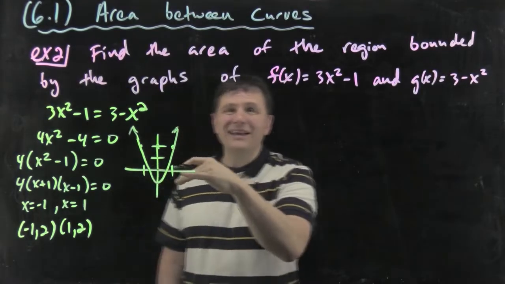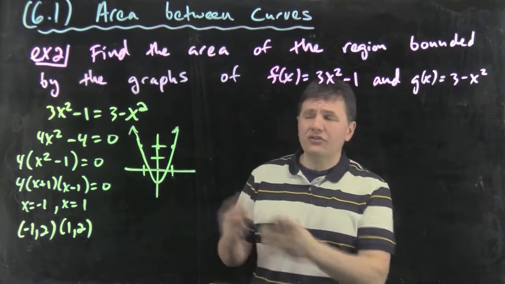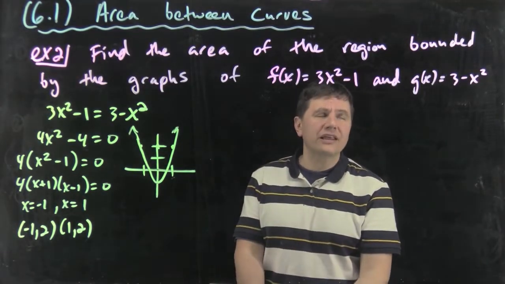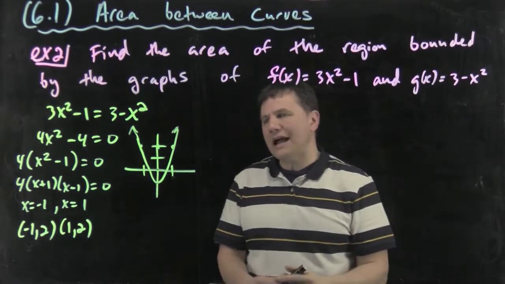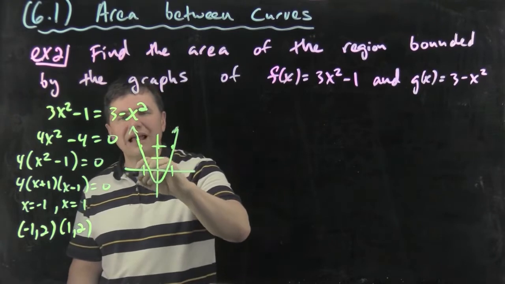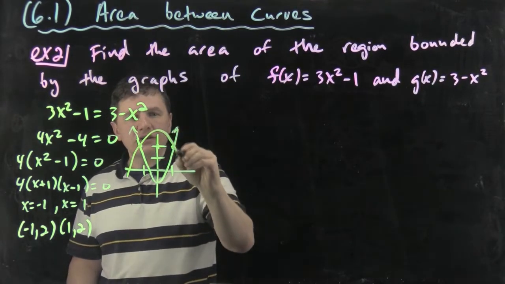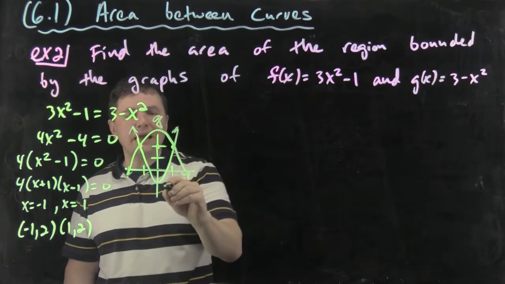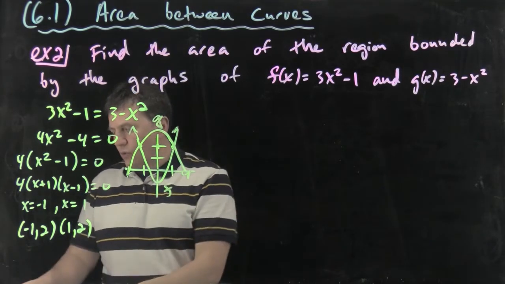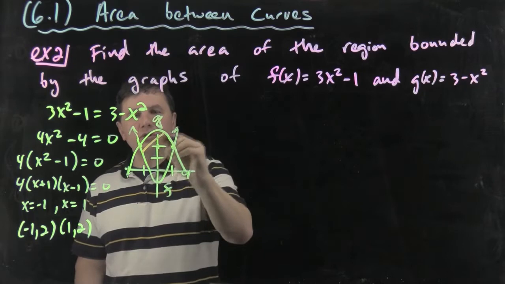Because keep in mind, when we do area between functions, it does not matter where it is in reference to the x-axis. Okay, and then this one is a parabola that opens upside down. Once again, it crosses these points. Once again, I do not care about anything other than what those intersections are. So this is my g function above and my f function below. So we're talking about the area between these two curves.